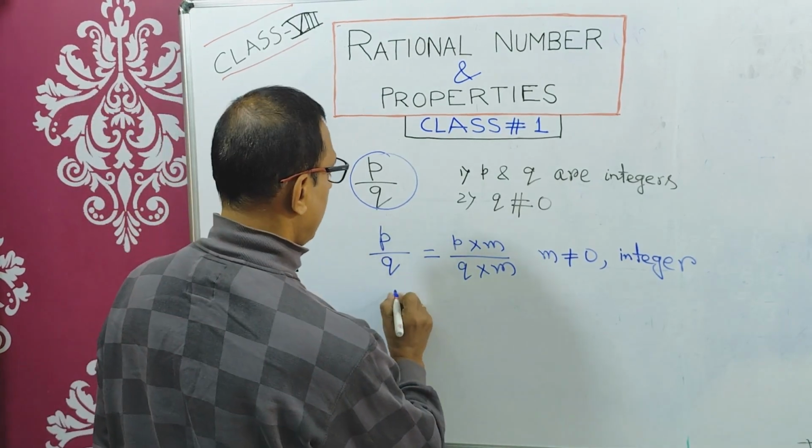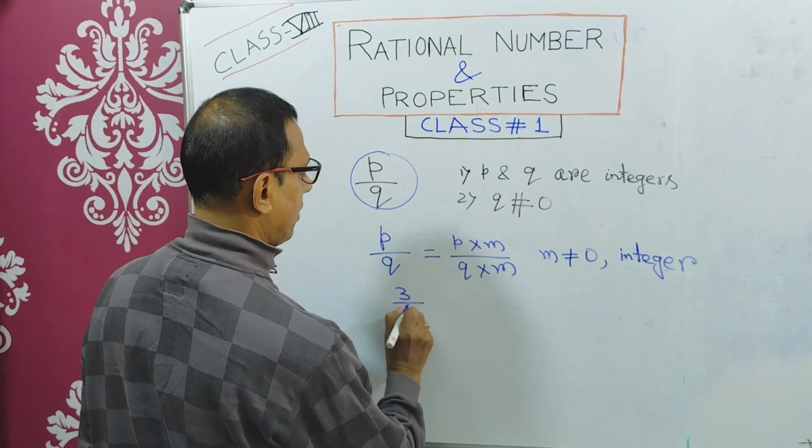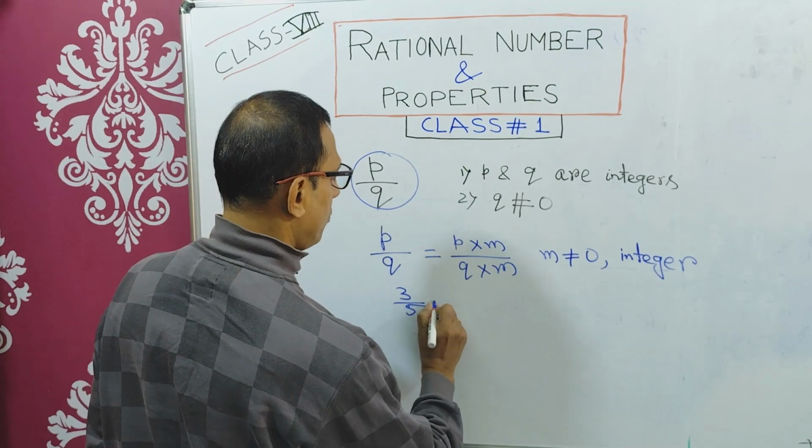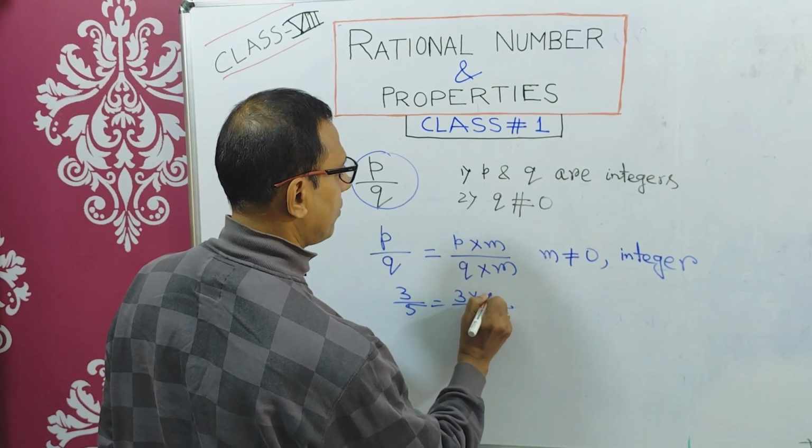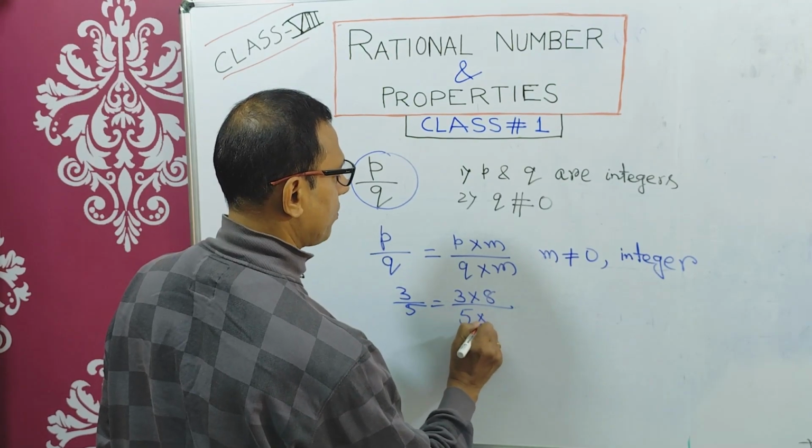Let's say 3 by 5 is a rational number. We multiply both numerator and denominator with, let's say, 8: 3 into 8 by 5 into 8.